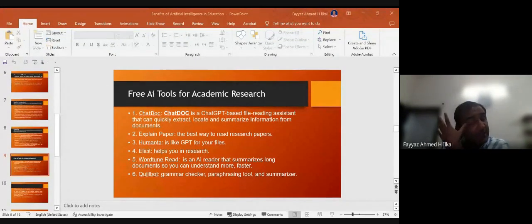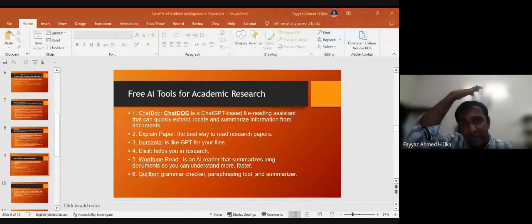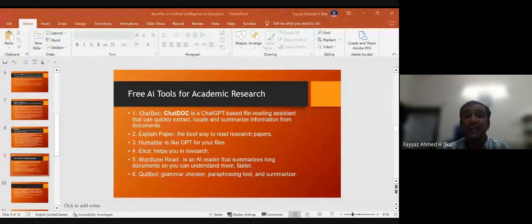This is one free artificial intelligence tool which you can use in your research. Here you can chat with documents and get instant answers with cited sources. Let's see how it works. Here you can upload a PDF file from your local drive, or even from a URL. For that you have to sign in first.